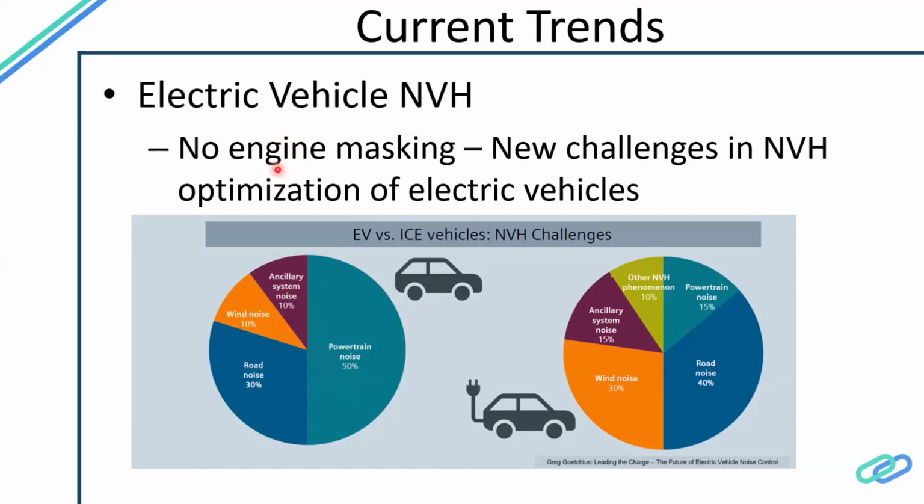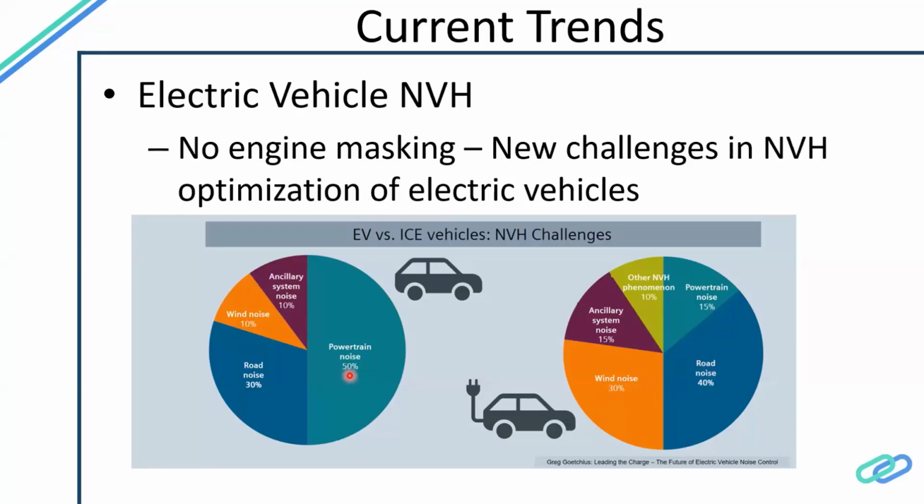Once this engine is removed and an electric motor is placed, this engine masking is not there in electric vehicles. So the wind noise has risen from 10% to 30%, and the road noise has risen from 30% to 40%. So it's very important to consider the road noise as well as the wind noise in electric vehicles.